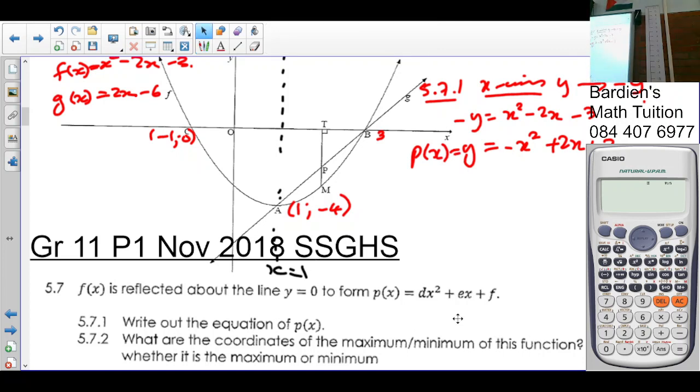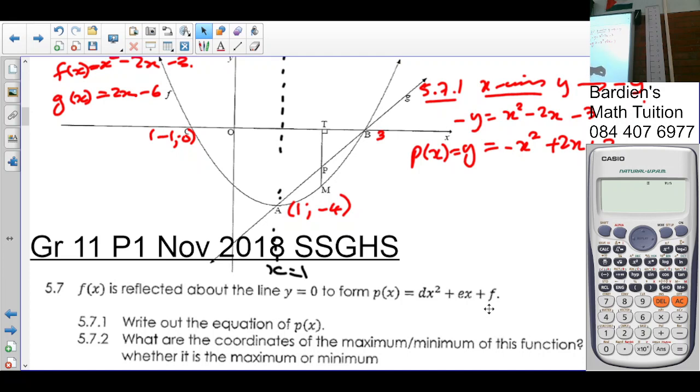Okay, why do you think they put a dx squared and an ex and an f here? Because they have used f of x equals ax squared plus bx plus c. So if p of x is equal to ax squared plus bx plus c in the same sum, the value of a has to be the same.